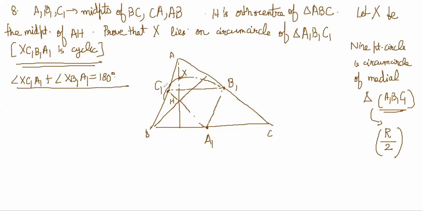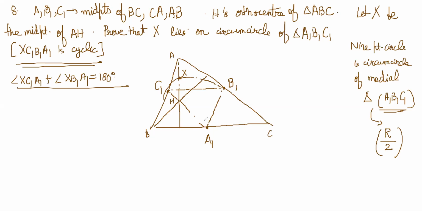So let's try to figure out our individual angles. Okay, so now what is given? X is the midpoint of AH. And C1 is the midpoint of AB.